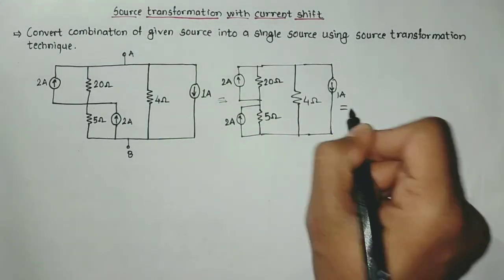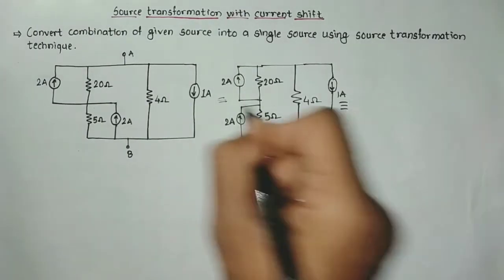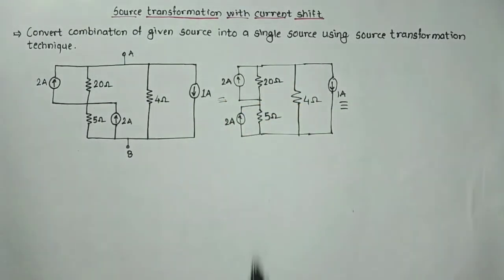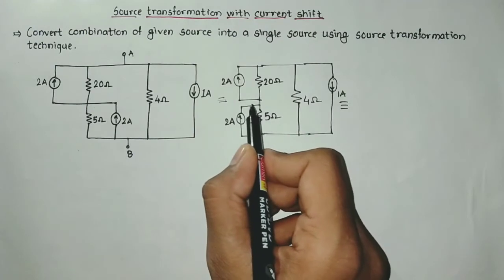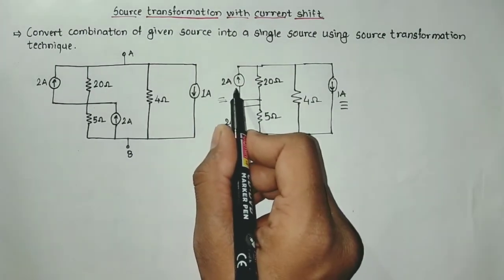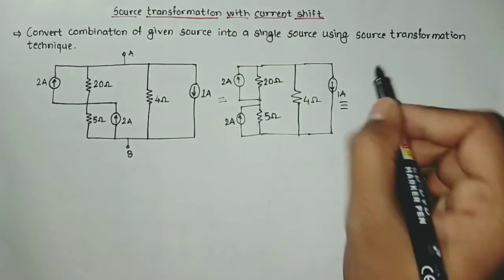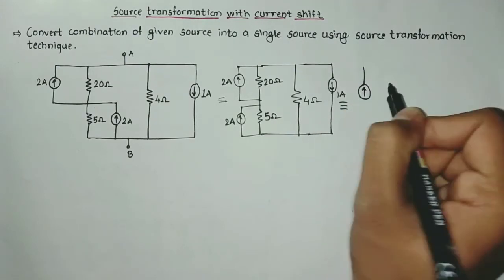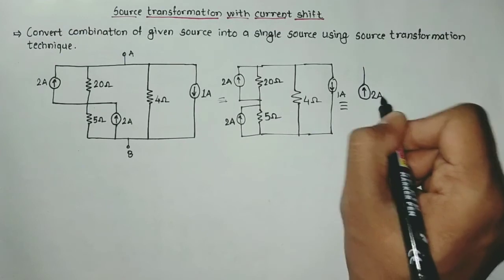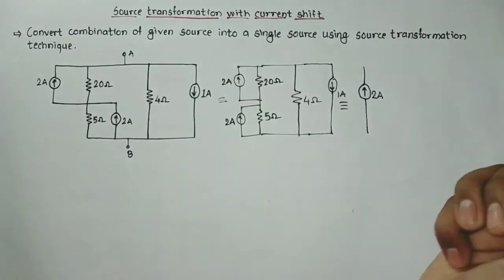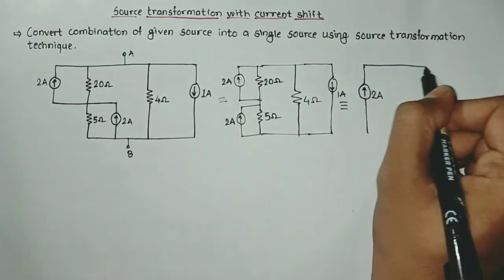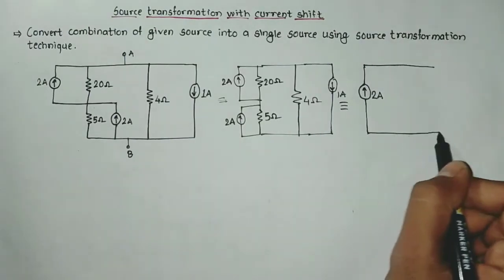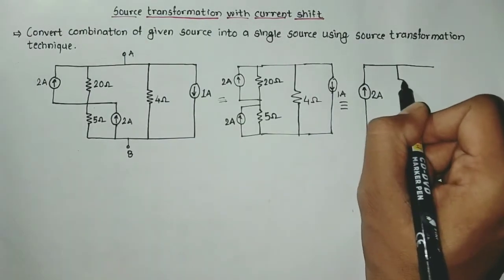Now, as per the current shift rule, this can be converted into a single current source of 2 ampere, and these resistances will be in series with each other.